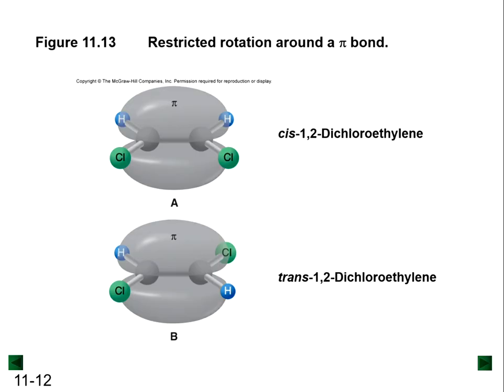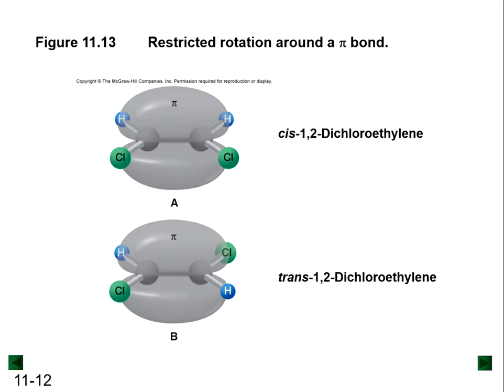We saw this in the last chapter when we were looking at properties of molecules. And we see that what we call cis 1,2-dichloroethylene, if it's a cis system, the chlorines are on the same side. And then we have trans 1,2-dichloroethylene. That's where the chlorine atoms are on opposite sides. In this case, we have one sigma and one pi bond.